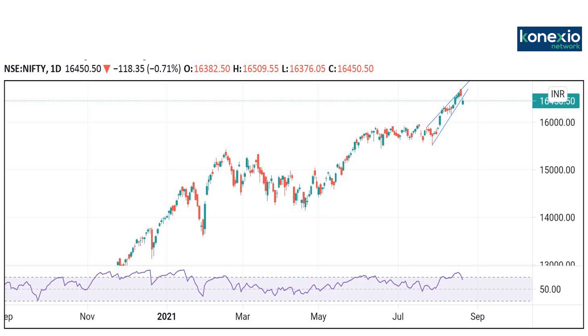They are thinking of doing quantitative tightening, I mean, sucking in the liquidity from the financial systems across the globe. They might start doing this earlier than what they had indicated before.